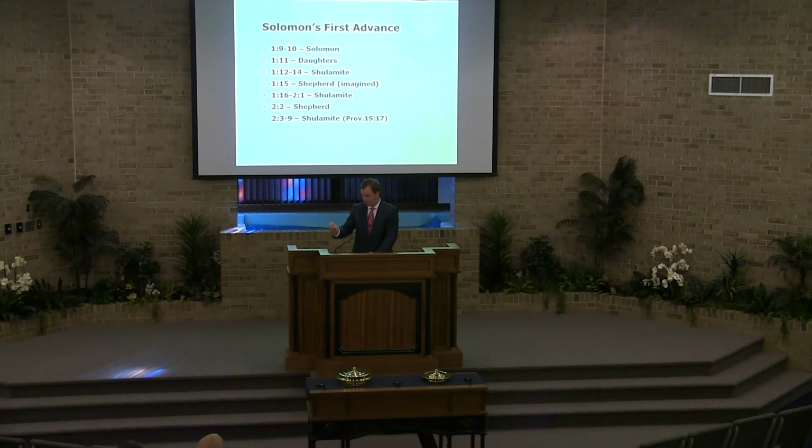Agrarian language. Cypress, cedars. The couch is luxuriant and green. In other words, she's picturing the outdoor dates that she and her shepherd would go on together. They would spend time together out in the fields, lying down on the couch of the luxurious green grass, staring up into the foliage of the trees above them, and that's the rafters of their house, the cedars and the cypress, okay?